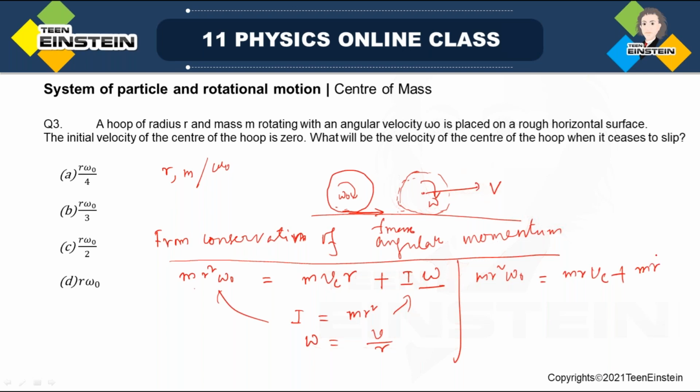I is m r square, omega is v by R. So m goes, one R also will go.